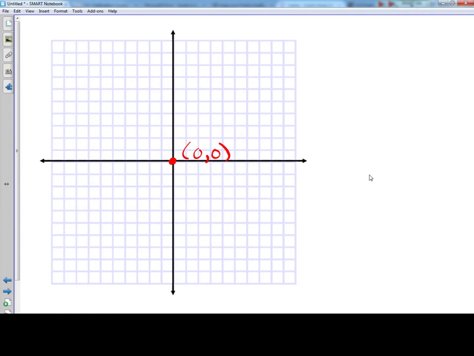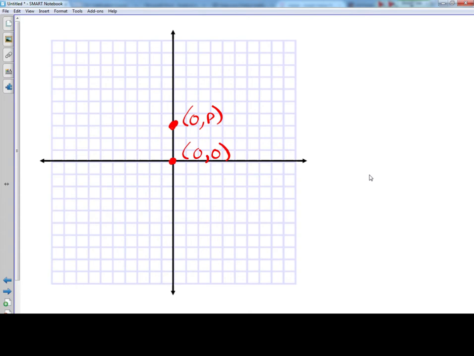Now, I'm going to place another point above that, which we'll call the focus, but its coordinates will be 0, P. Because remember I told you P was the distance from vertex to focus?